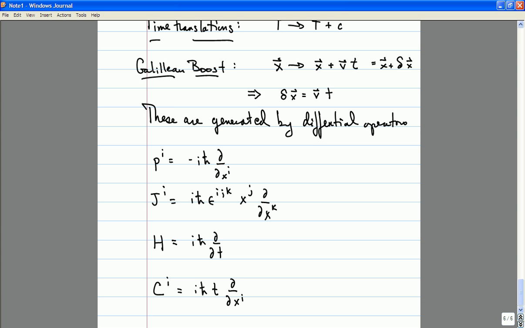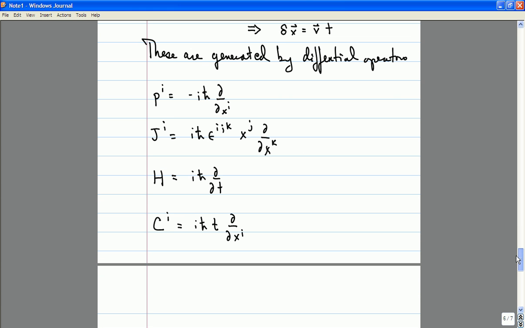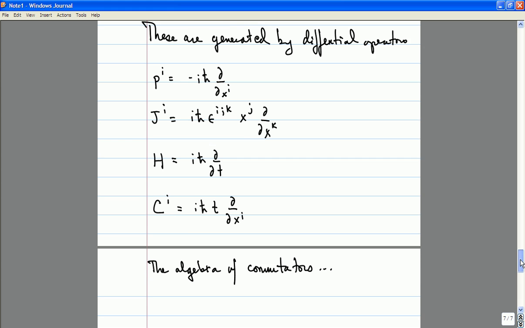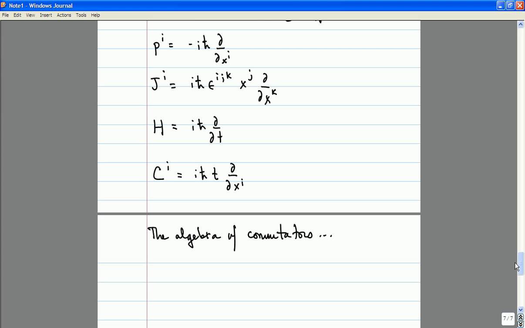Good. Okay. So this allows us to work out the algebra of commutators between these various generators of the Galilean group of symmetries. There are going to be a lot of zeros in these commutation relations.